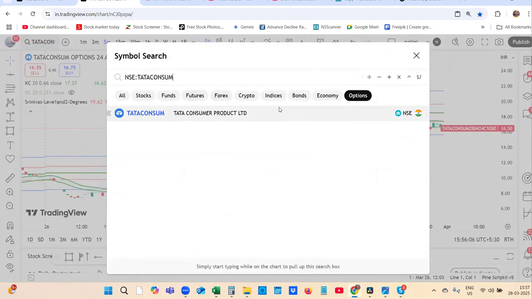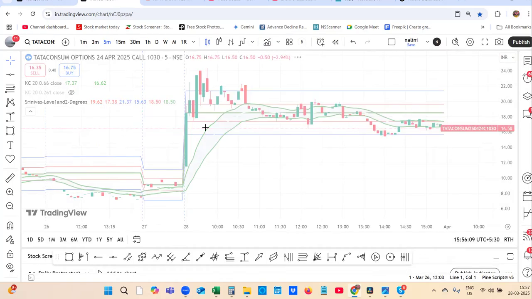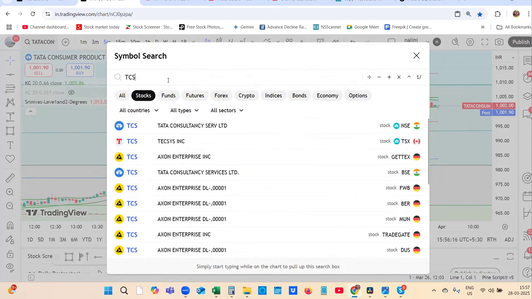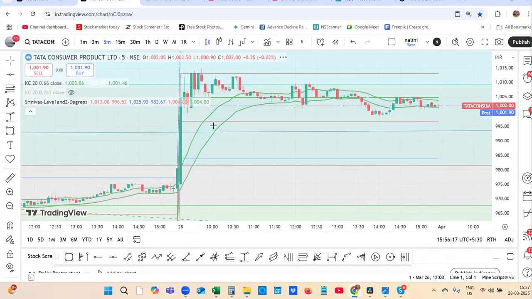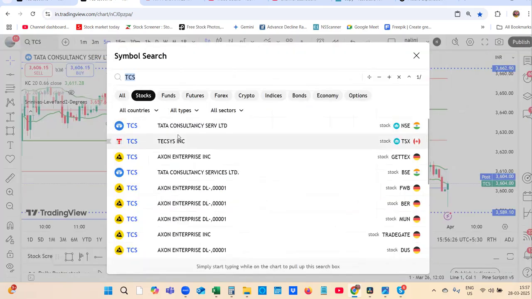I'll show it to you. Sorry, TCS, Tata Consultancy Services. I had taken the 3,700 call option, April month.